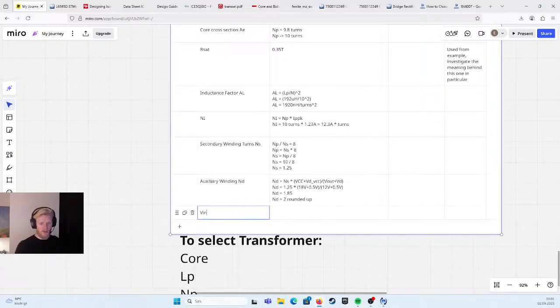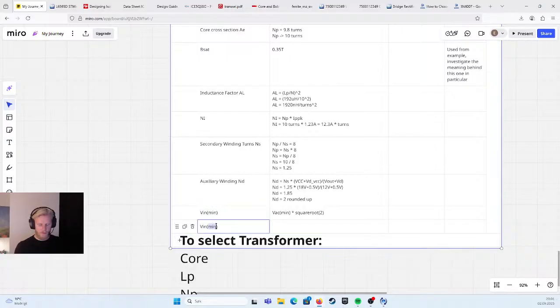V in min is V in VAC min times square root of 2. And the same for V in max.